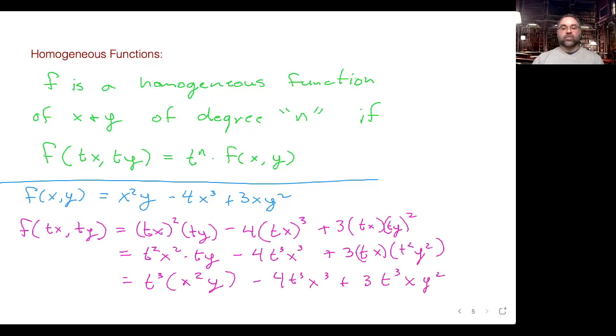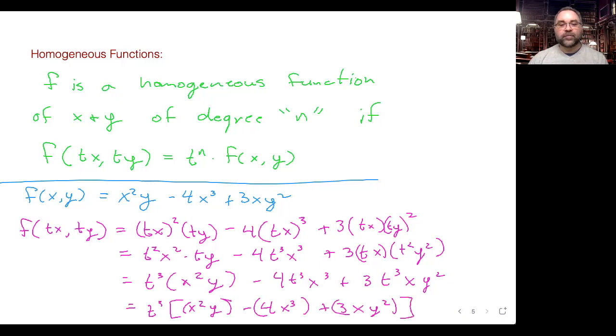What do you see in all three of those terms? You see a t cubed. Factor it out, and look what happens: x squared y minus 4x cubed plus 3xy squared. Look familiar? Yeah, that's f of x, y. This is t cubed times f of x, y.